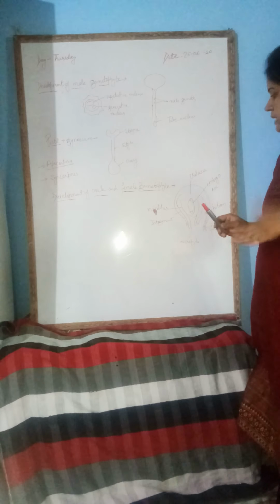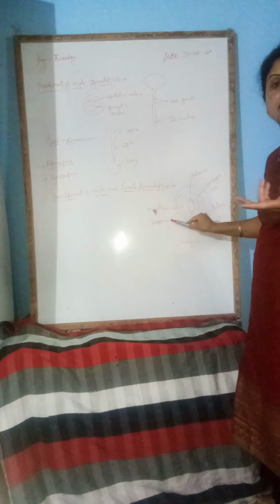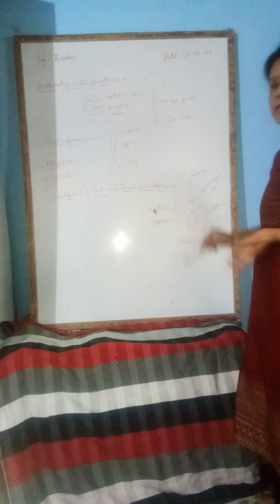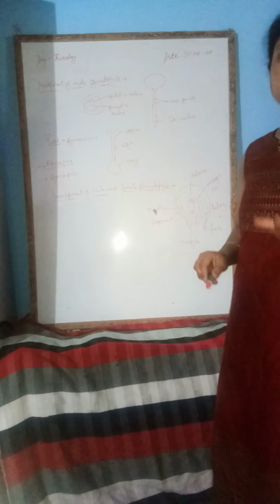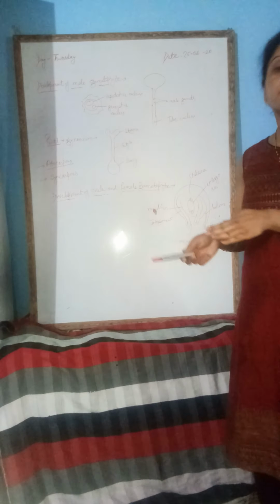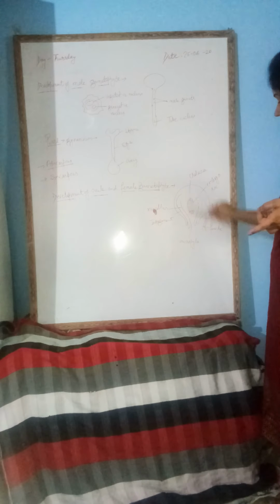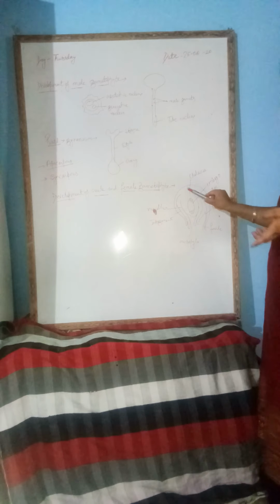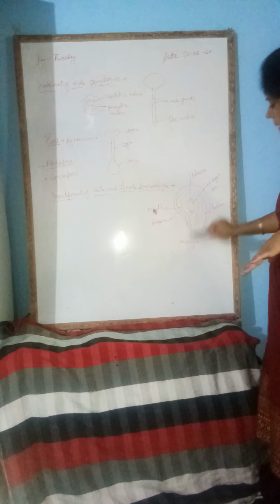There are also some groups of tissues, nucellus and integument. Nucellus is the inner part of the tissue and integument is the outer part. These two parts are nourishing tissues which nourish the developing embryo. Inside there are two poles. The upper pole is called chalaza, and the opposite pole of chalaza is called the micropylar end.